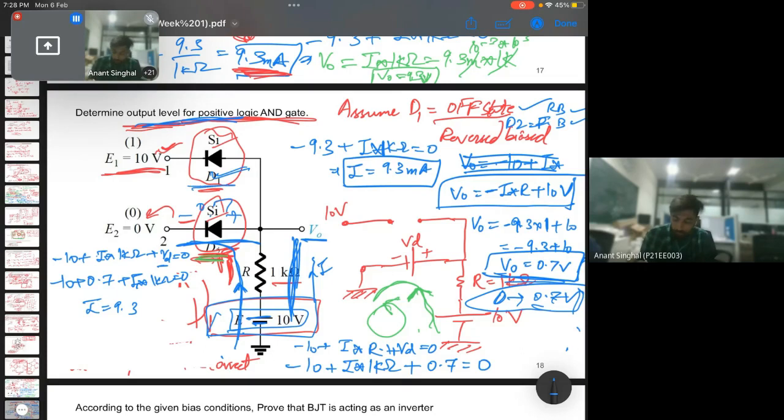But we need to assume all the cases, that when D1 and D2 are considered, there might be a possibility that this can be on instead of off. Is there any doubt in this question? Ashwani, I hope your doubt is clear. This E1 is not taken in this equation. This E is taken in this KVL equation.